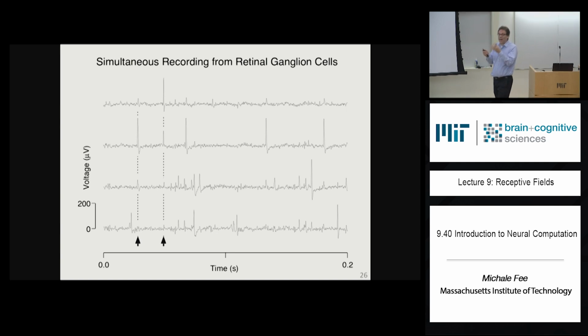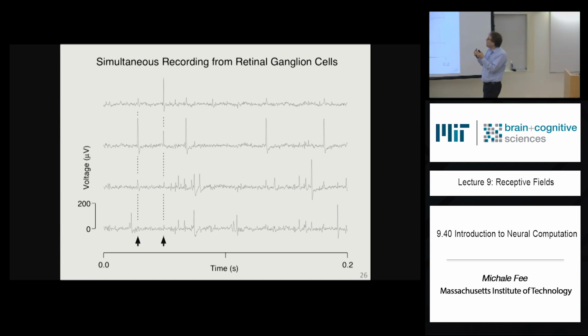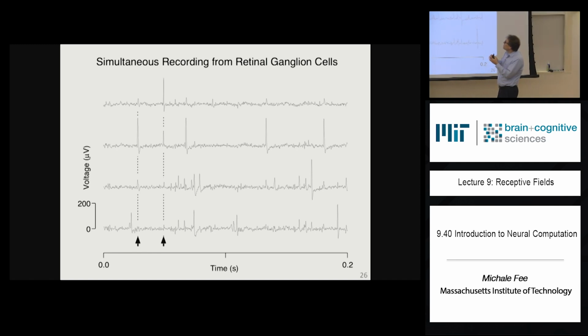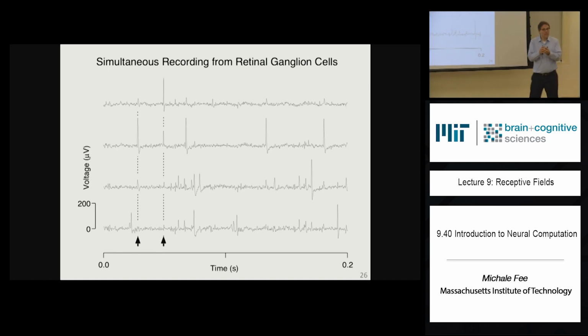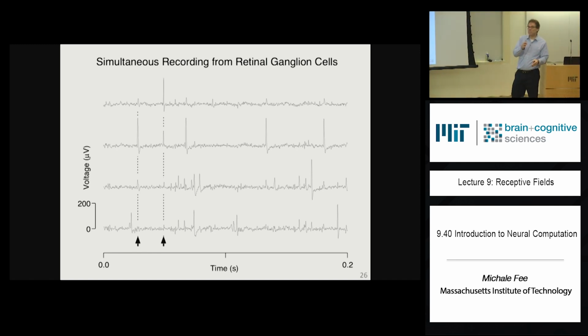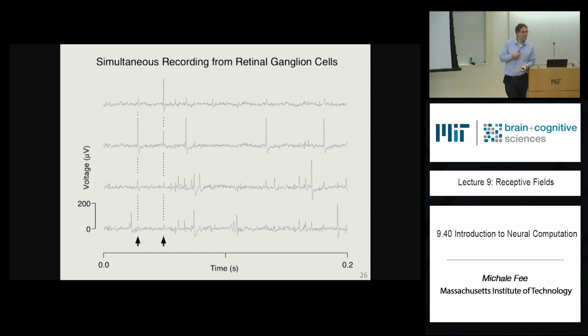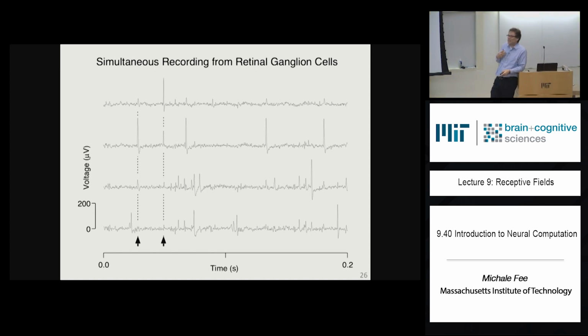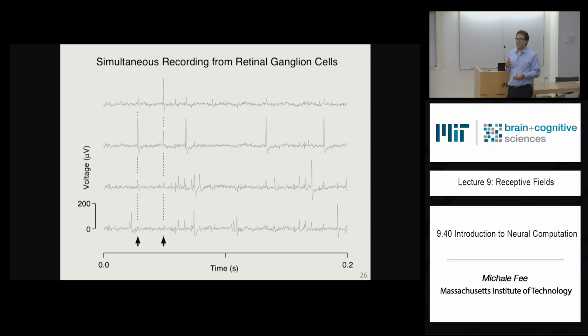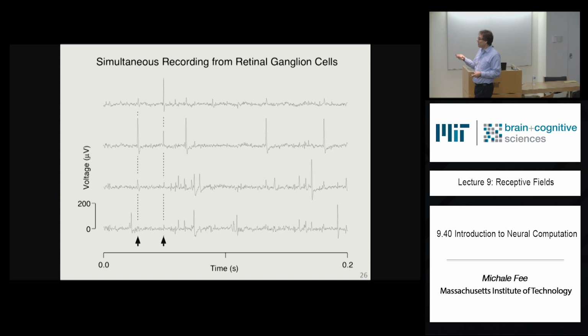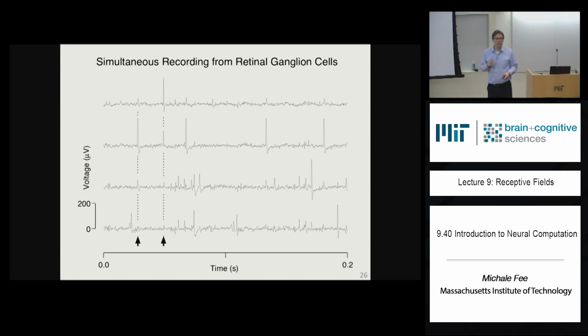So you can actually extract many different cells looking at the patterns of activity that appear on nearby electrodes. Okay, and it turns out that this multi-electrode array system is actually very powerful for extracting the spiking activity of many different cells out of a piece of tissue.